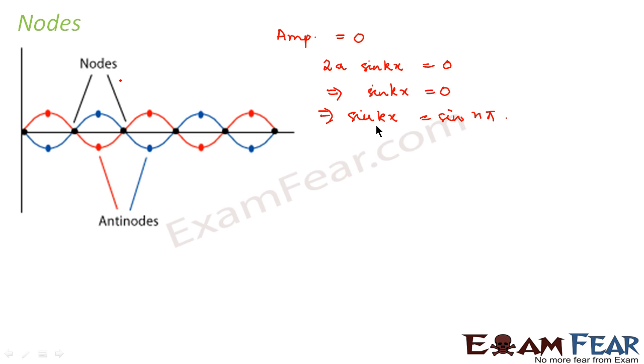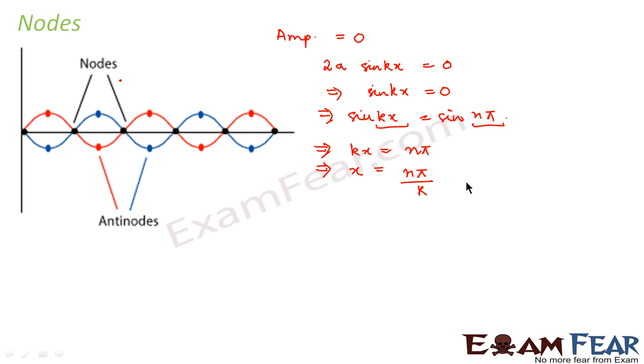From this we can say that kx is equal to n pi. Here this x represents the position of nodes, that means the points where the amplitude will be equal to 0. So x is equal to n pi by k.